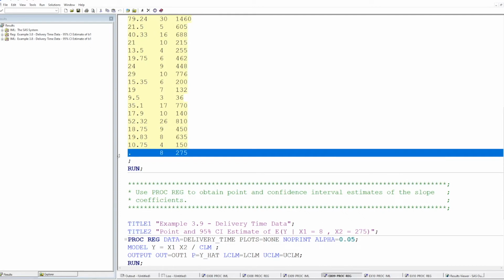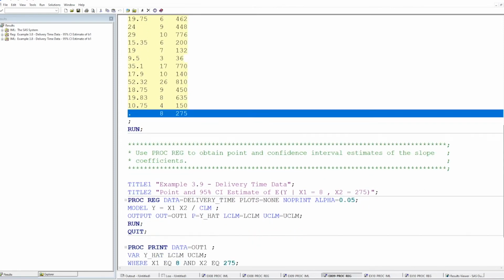The default in SAS in virtually all procedures, and you really can't get around this in most procedures, and you wouldn't want to, is that if there are missing values in any of the variables in a given observation, SAS will exclude that observation from the fitting process. But it will include it when it computes predicted values, constructs confidence limits, and so forth. And so that's why we use this.